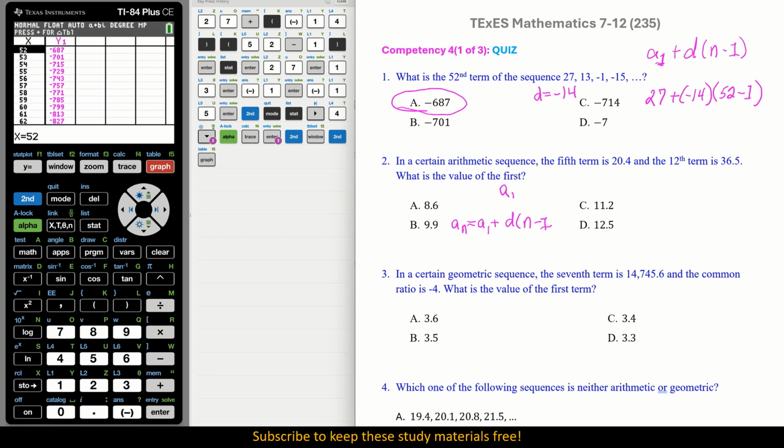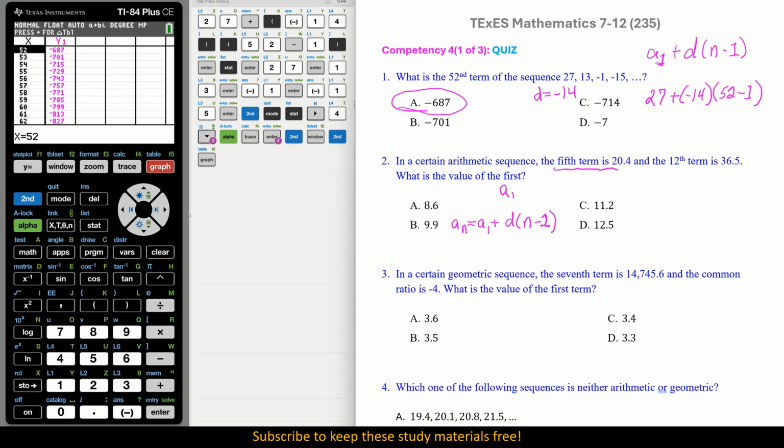I wrote it down above, but you need to remember that it's a general equation and you need to remember the whole thing, not just part of the expression. So we can use that.